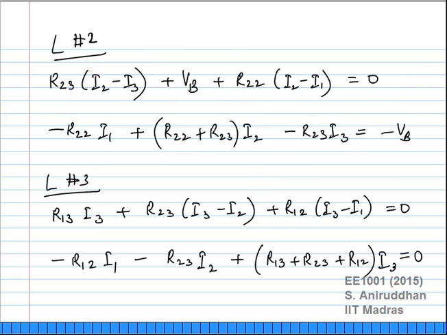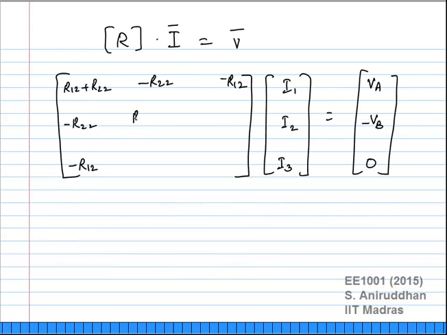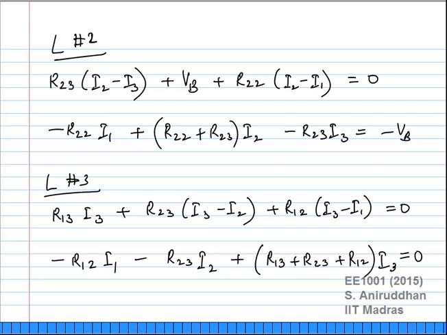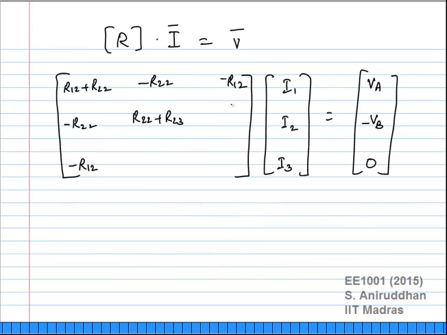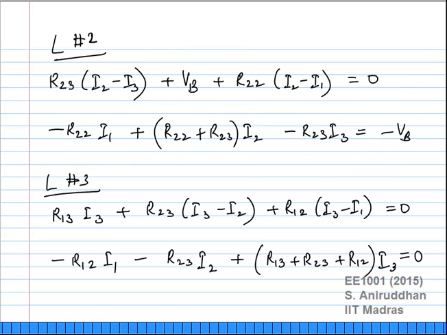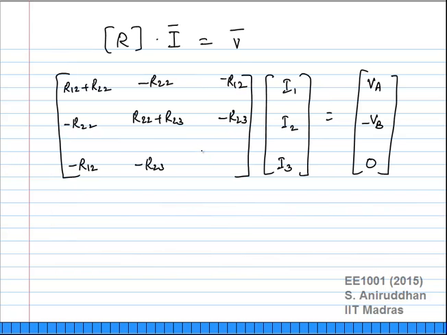The next diagonal term is R22 plus R23, and minus R23, so this term is going to be minus R23. The last one is R13 plus R23 plus R12. So this is my system of equations describing this particular network.